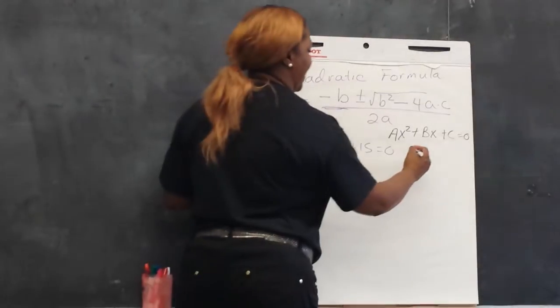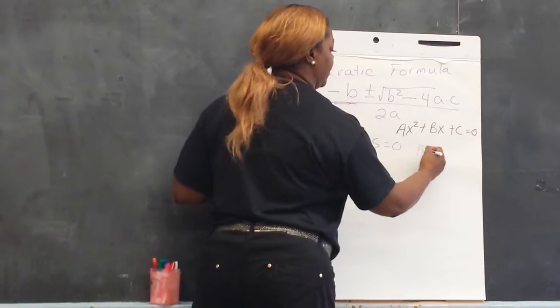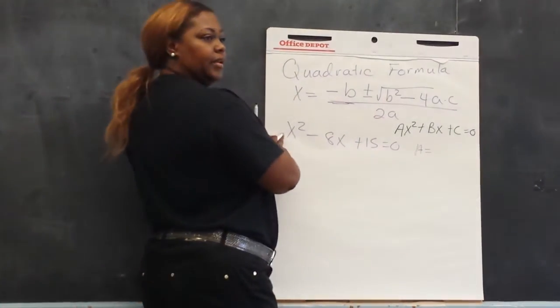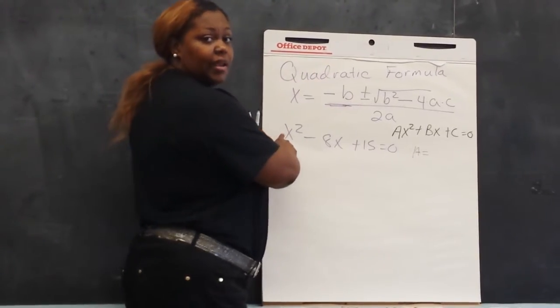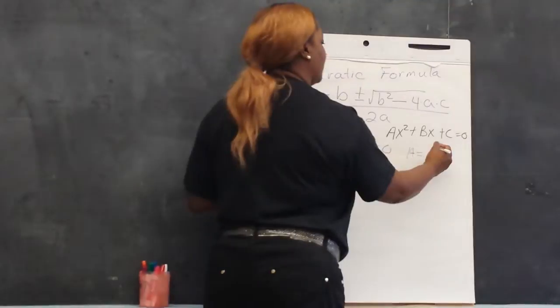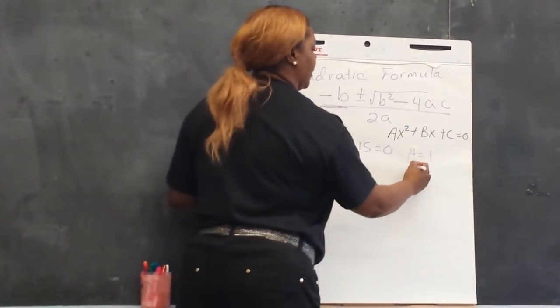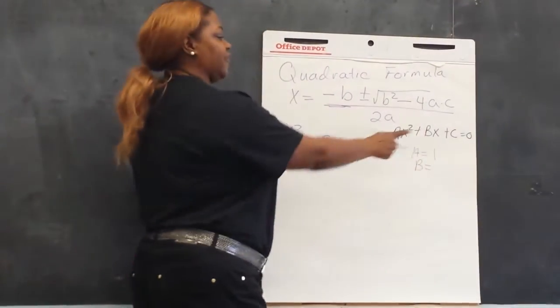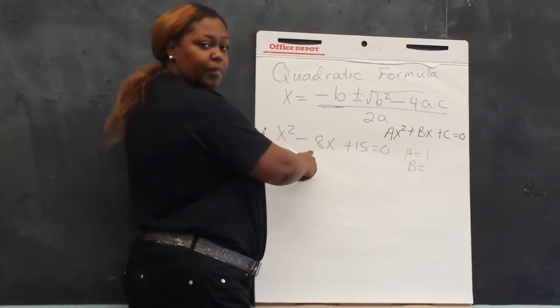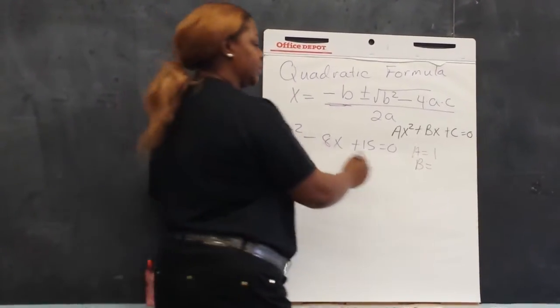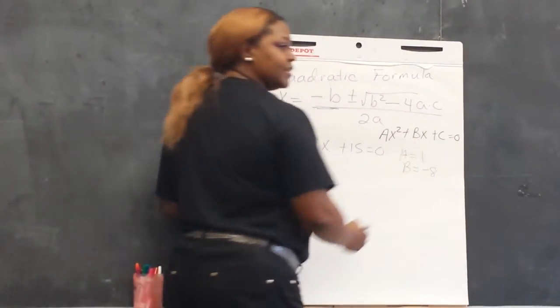Your value for a in this problem is the number in front of the x squared. It's understood that if you don't see a number there, it's 1. So, a is 1. Your b value sits in front of the x, and you have to take the sign with the number, so b is negative 8.